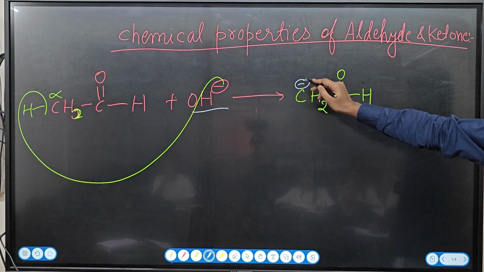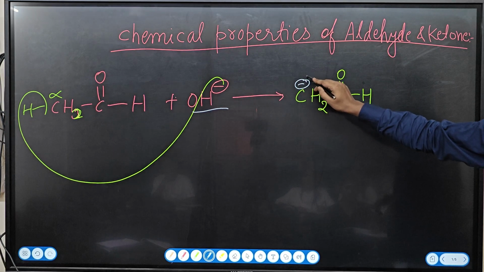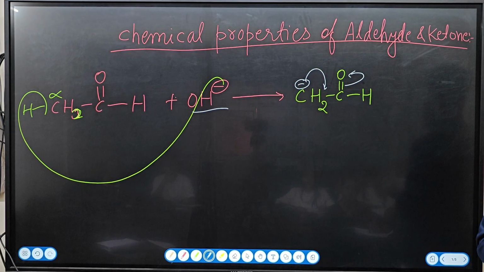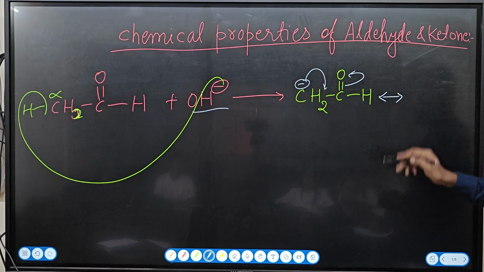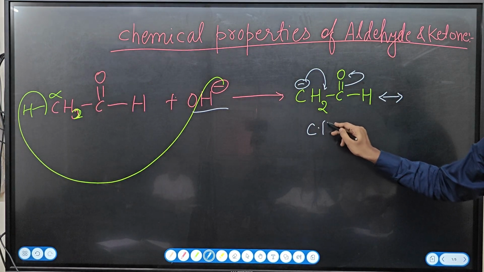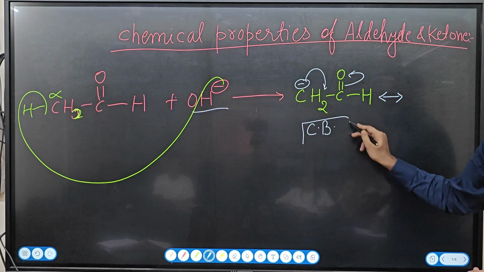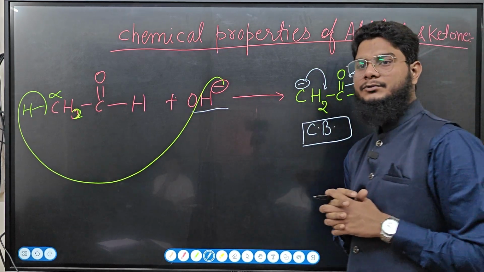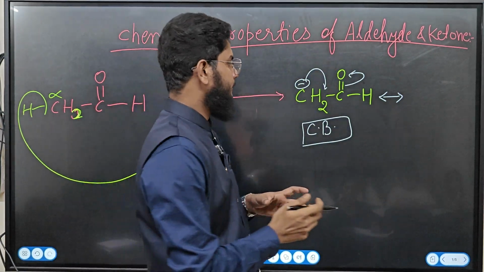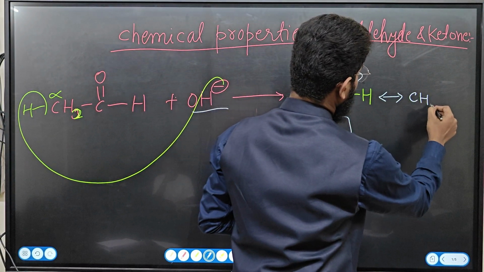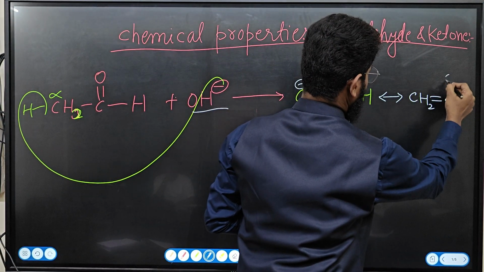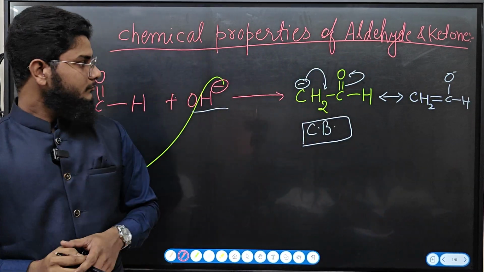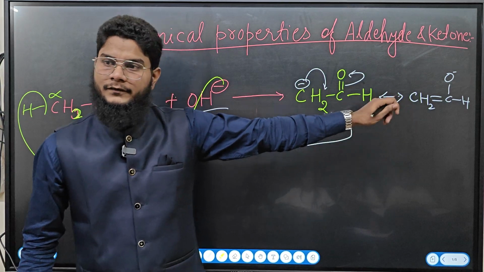Look at this negative sign. This negative charge is stabilized through resonance. This negative charge is nothing but the conjugate base, and this conjugate base is stabilized through resonance. And what do we call this form?